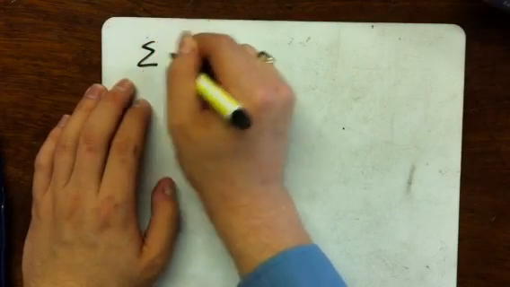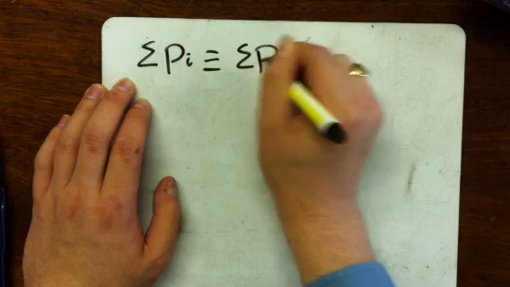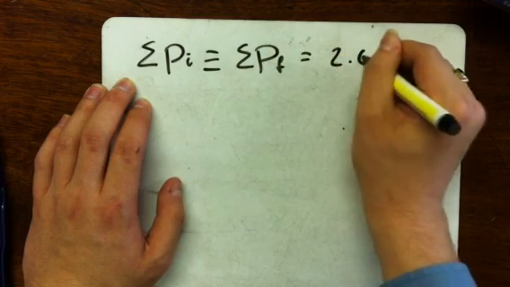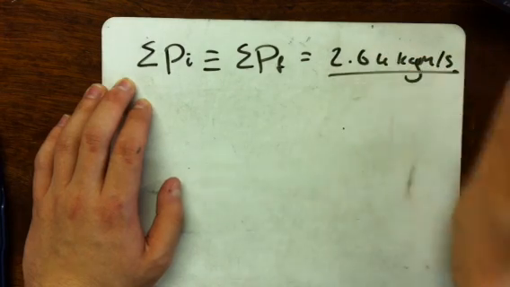Now we just need to continue. Remembering that the sum initial momentum always equals the sum final momentum, which equals, as we just calculated, 2.64 kilogram meters per second.